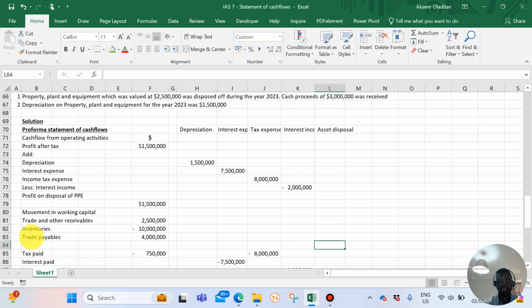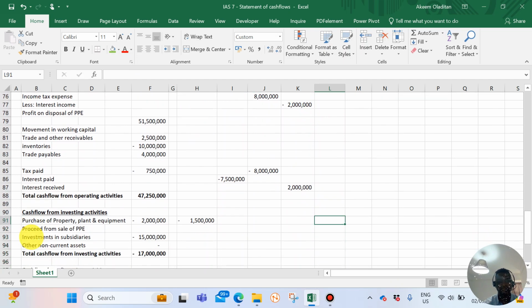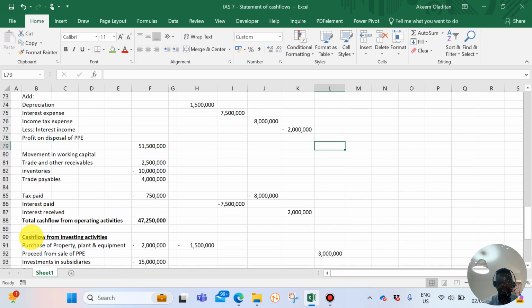So that disposal will have increased, that is the 3 million cash will have increased this. Then we need to adjust the 3 million, yeah, that's a negative. And it's 3 million.